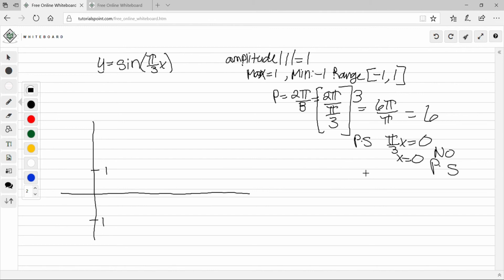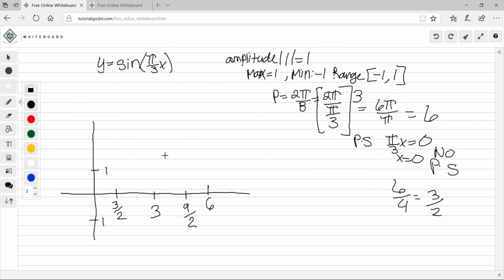So we said our period was 6, and then you divide that by 4, which is 6 divided by 2 is 3, and then 4 divided by 2. Okay, so our period is 6, so here's 6. We need 3 more. 1, 2, 3. So our first value is going to be 3/2, and then add another 3/2, which gives you positive 3. And add another 3/2 will give you 9/2.